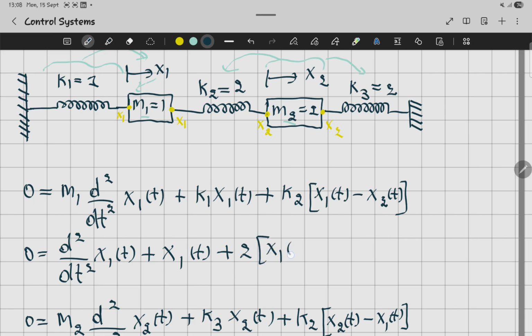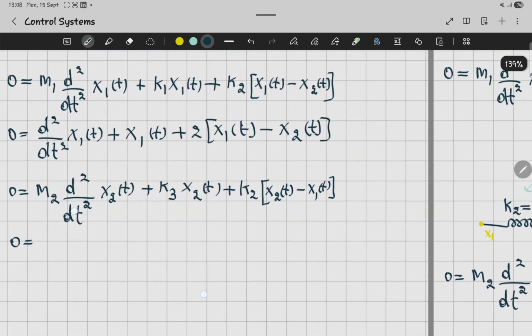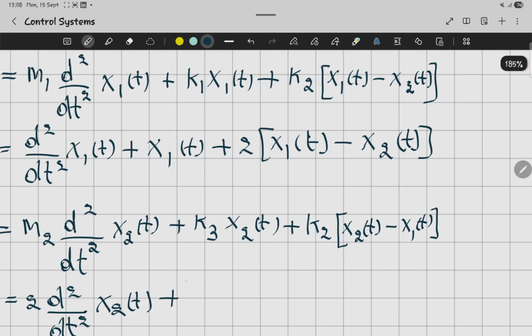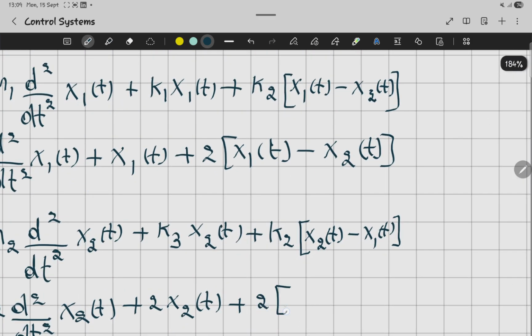times x1 minus x2. The same for this one: 0, m2 equal to 2, plus k3 equal to 2, plus k2 equal to 2.